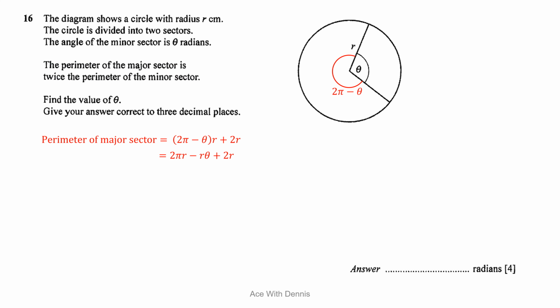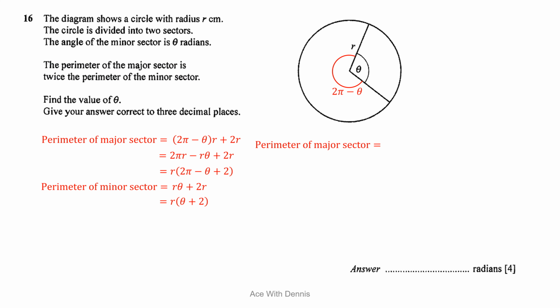Expand the bracket, we get 2 pi r minus r theta plus 2r. We can factorize the r, which is r bracket 2 pi minus theta plus 2. Next, we find the perimeter of the minor sector, which is r theta plus 2r. The r theta is the arc length and the 2 radius. So we can factorize the r, becomes r bracket theta plus 2.